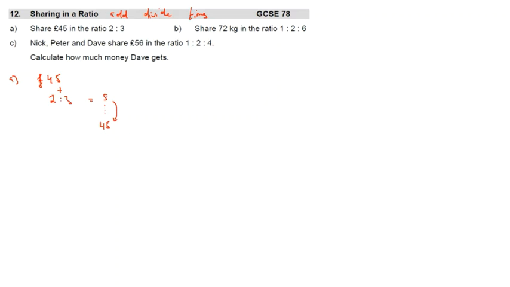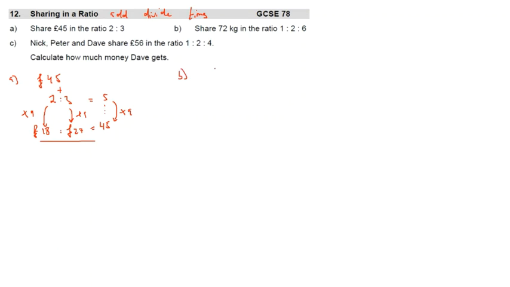So that's 45 divided by 5 is 9. And now times. 2 times 9 is £18. And 3 times 9 is 27. If you want to check, 18 add 27 equals 45. So I'm good to go.